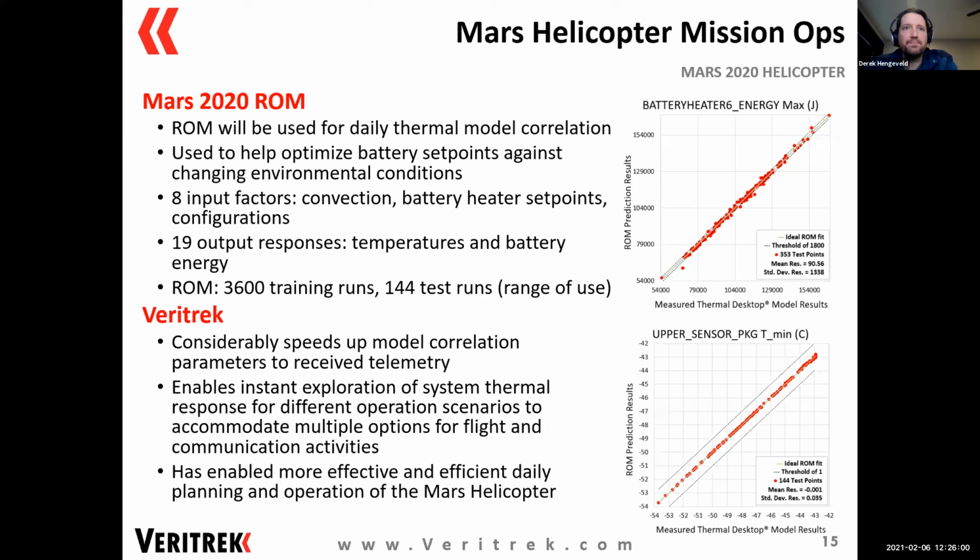And the final take home is that it's really enabled more effective and efficient daily planning and operation for the helicopter. Something that I think they were pretty nervous about trying to get done. Now with Veritrek and reduced order modeling, I think they have a lot more confidence that they'll be successful. So in a couple of weeks, we'll hopefully get some good news from JPL and everything's working as they had hoped.